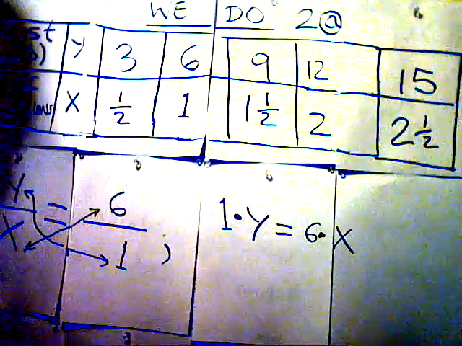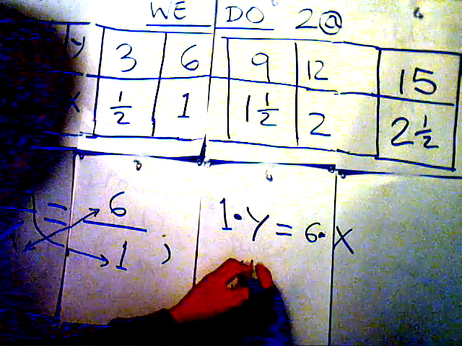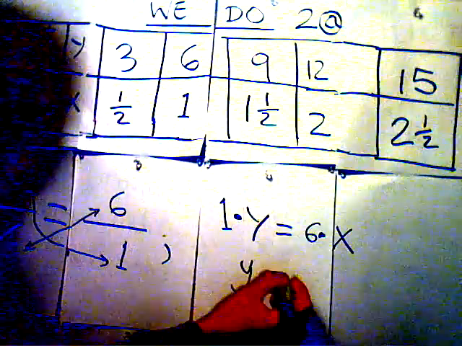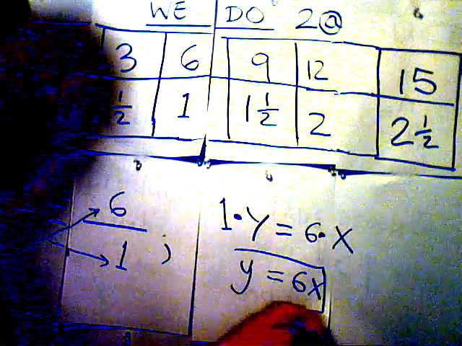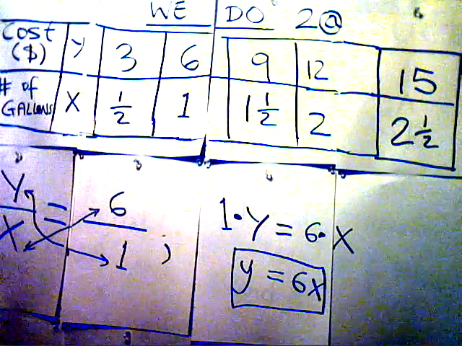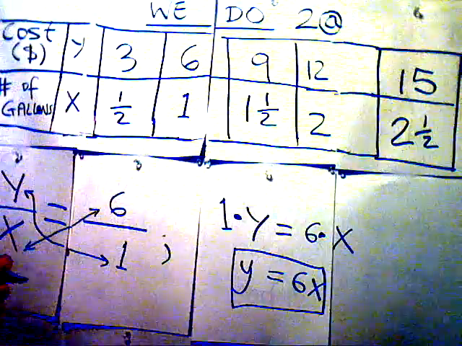Alright, and I can simplify. 1 times y is y, and 6 times x is 6x. Okay?